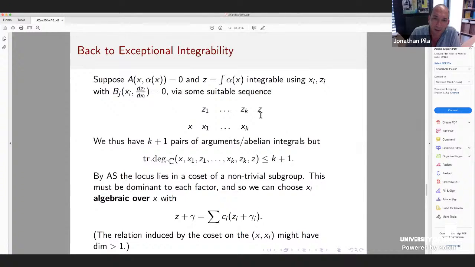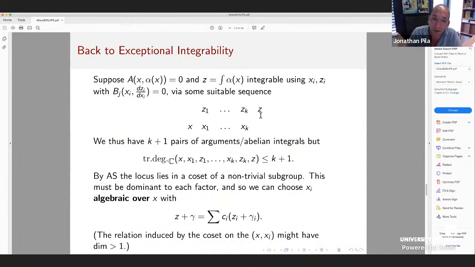And so this somehow projects down, but it may project to a coset on the xi's that is of dimension greater than 1. If it is of dimension 1, that means that all of the xi's are algebraic over each other.